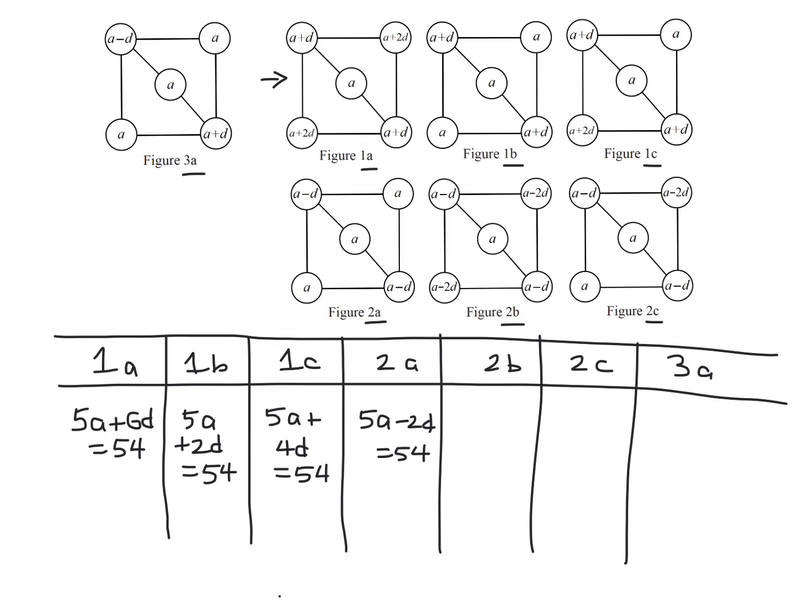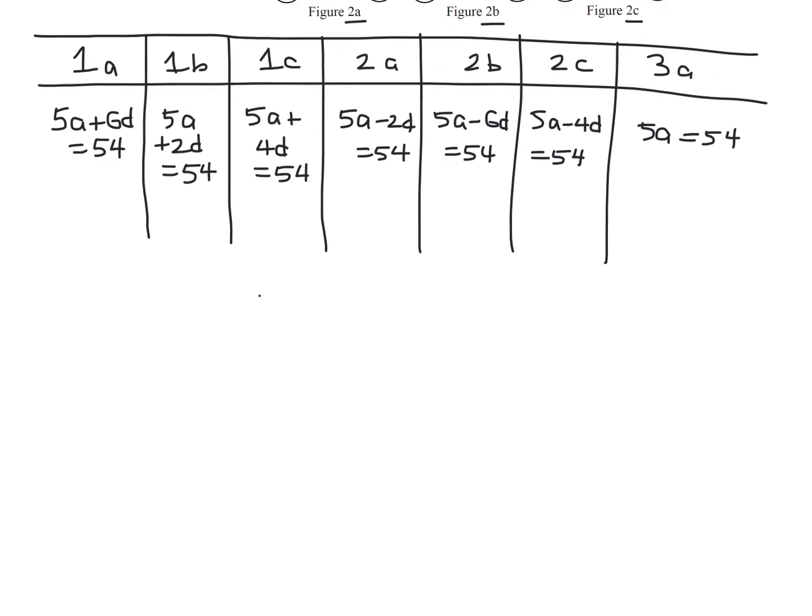For 2b, it's 5a minus 6d, is 54. For 2c, it's 5a minus 4d, is 54. And then for 3a, it's 5a, and that's 54. Okay. All right, we'll move this up because I'm going to need some space.